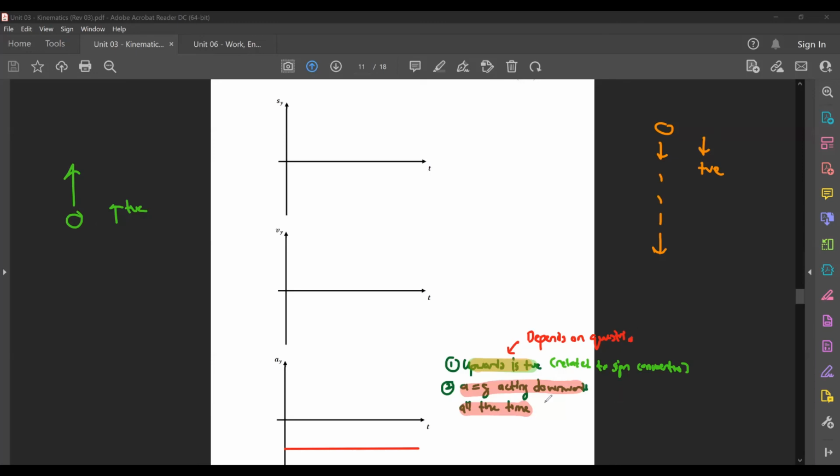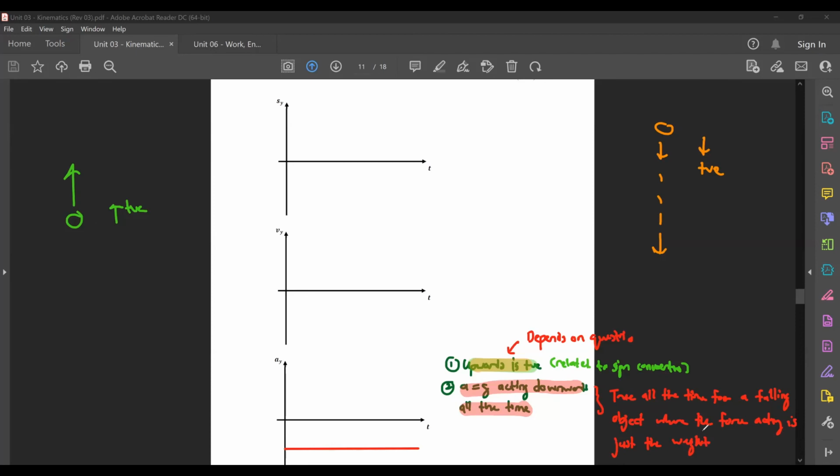Okay. And then this one, number 2, is true all the time. For a falling object, where the force acting is just the weight.